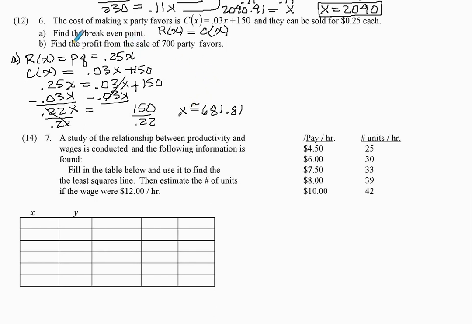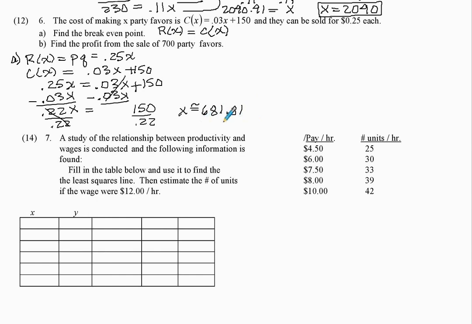And so the break-even point would be, well, I guess here we're going to just have to round to the nearest. So you're going to break even just after, between the 681st and the 682nd.